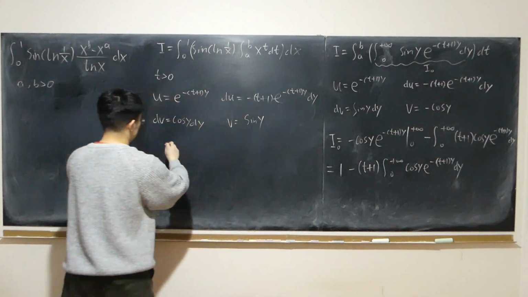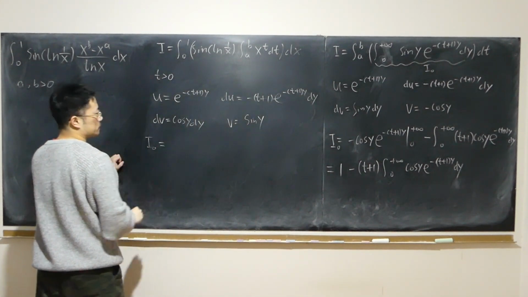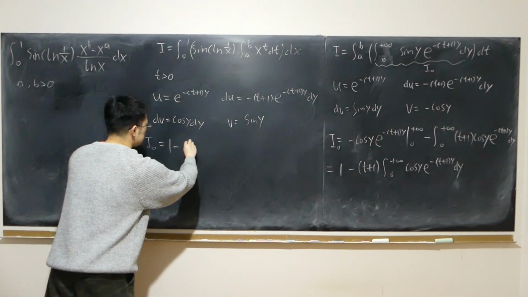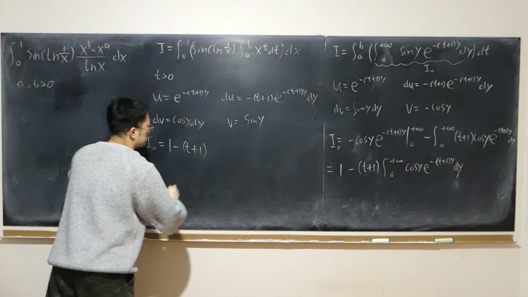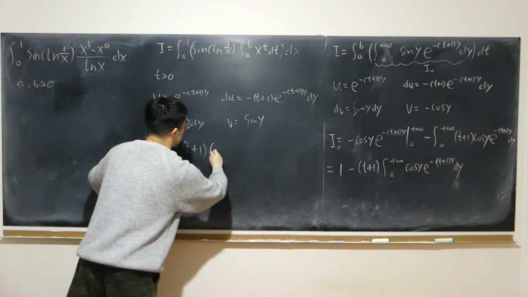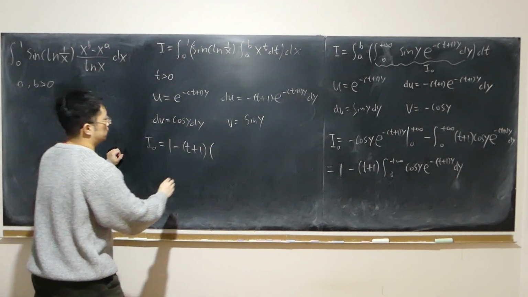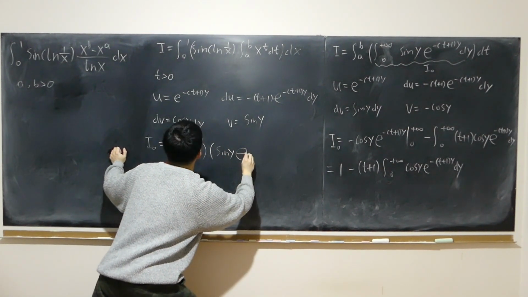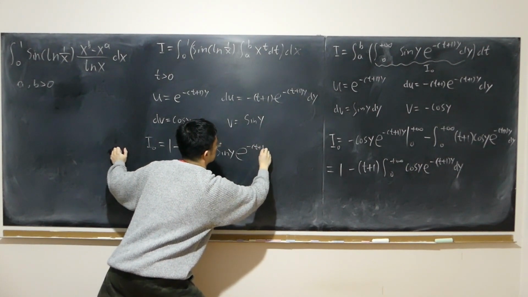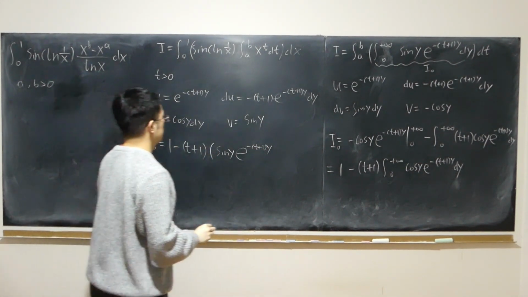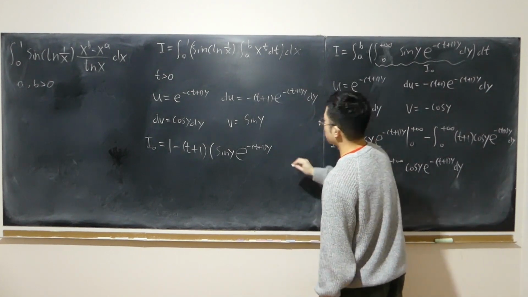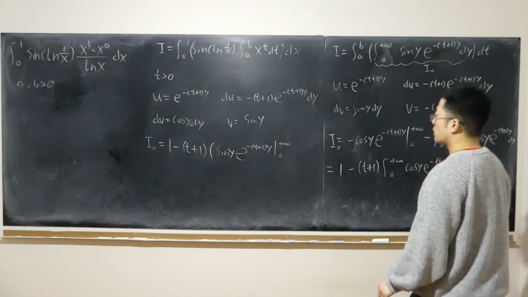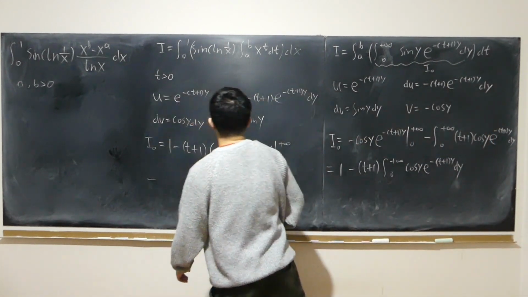And I naught is equal to 1 minus t plus 1 times the quantity uv, e to the negative of t plus 1 y, from 0 to positive infinity, minus v du.